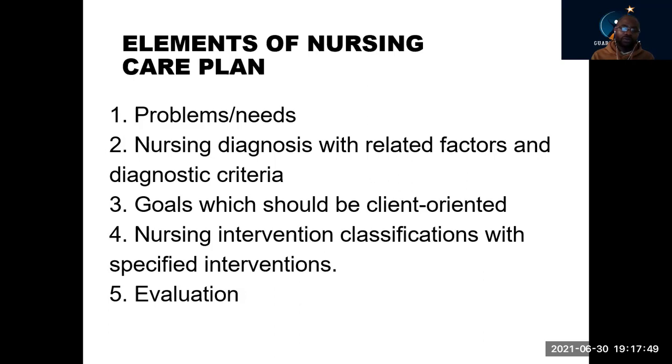So I'll show you how you can also write down your nursing evaluation. There must be something that you've seen that will make you conclude that you've achieved your goals or you've not achieved your goals. I'll show you how you can write down your evaluation as well in your nursing care plan.